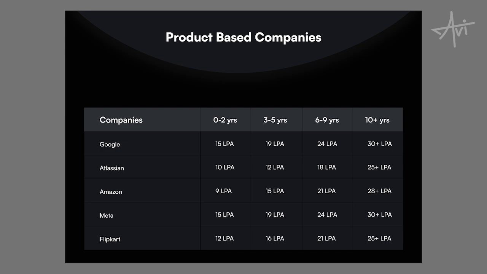Here, for a person working with 0 to 2 years of experience, Google is giving 15 lakhs per annum. For 3 to 5 years it is 19, 6 to 9 is 24 lakhs per annum, and 10 plus years is 30 lakhs per annum. There is not that much of a difference between all the companies. Here it's minor, like 1 to 2 lakhs is the only difference.